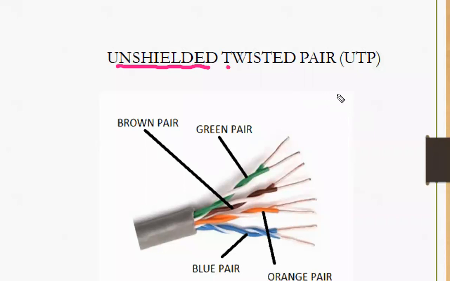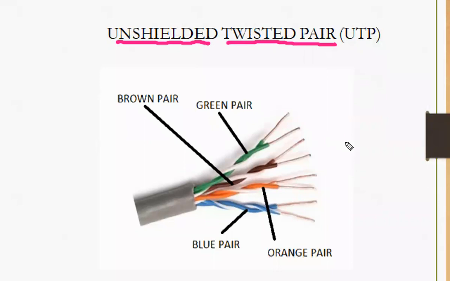Now coming to the twisted pair. You can see here you have 4 pairs of wires. The first one is the green pair, and you have one more wire, which is the white wire. These pairs are twisted, and that is why it's called twisted pair.